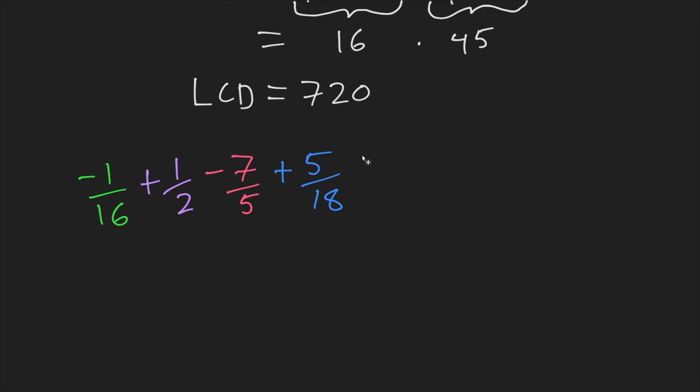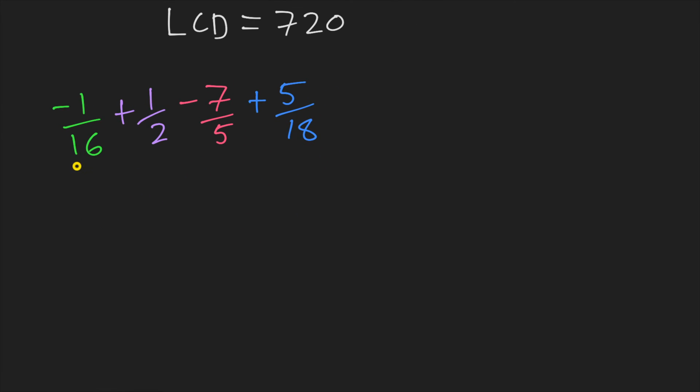And so how are you going to convert every one of these fractions into equivalent fractions that all have the least or lowest common denominator of 720? Well, for the first fraction, you're going to have to find out what you have to multiply the denominator by in order to get 720.